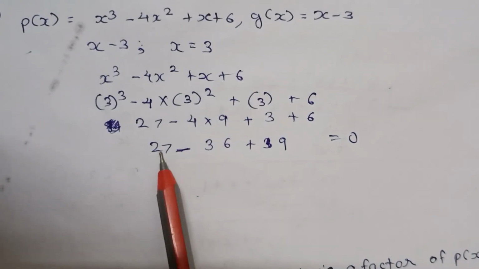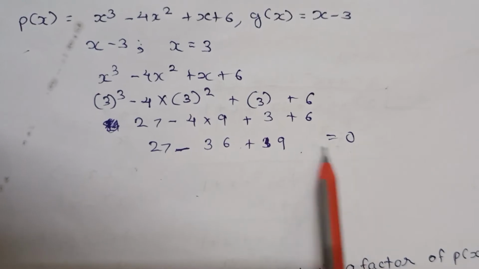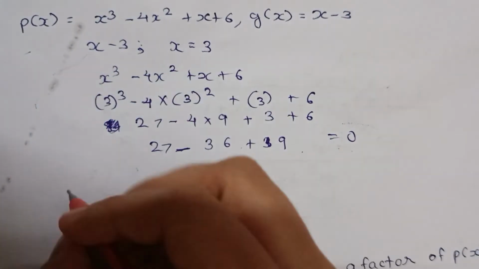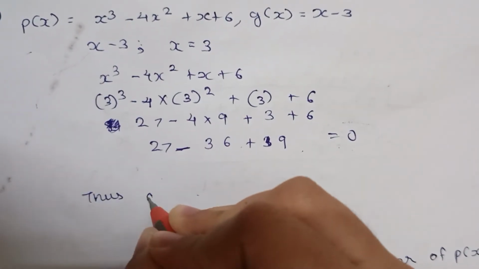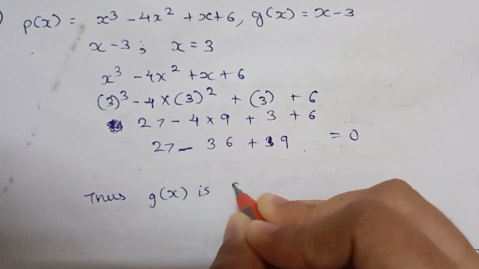After solving we will get 27 minus 36 plus 9, that is 0. Thus gx is a factor of px.